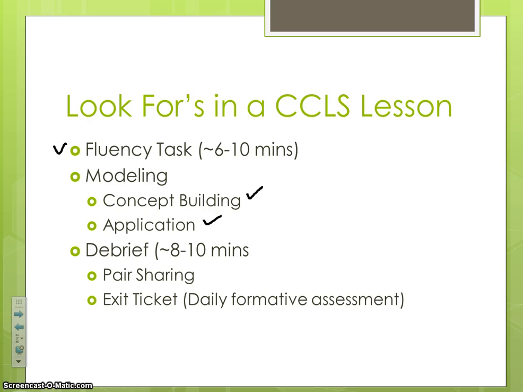And one of the most important, and one of the pieces I think most teachers have done in the past, but not necessarily daily, is the exit ticket, a daily formative assessment on the topics that students are learning to prove that they actually know it. And so that's one of the things that will be incorporated into all the modules. Within the modules, you'll see teachers have homeworks.